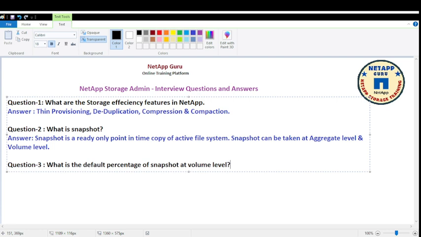Meaning, when we create a volume, by default what is the percentage of the snapshot reserve in the volume? So it takes some percentage, right? And that is 5%. This percent you can decrease, you can increase, but the default value is 5%.